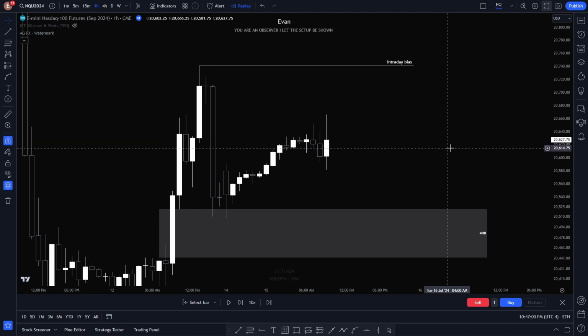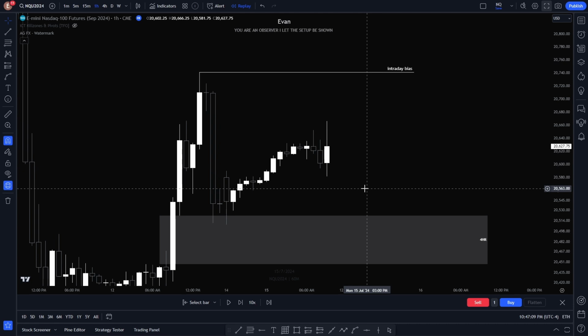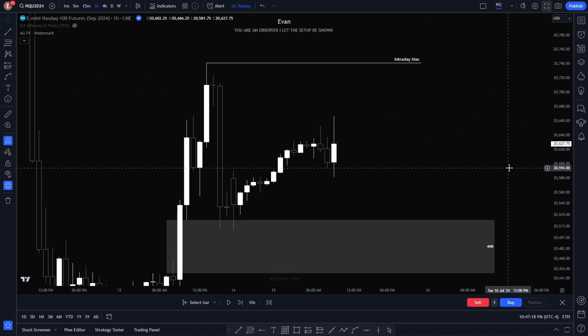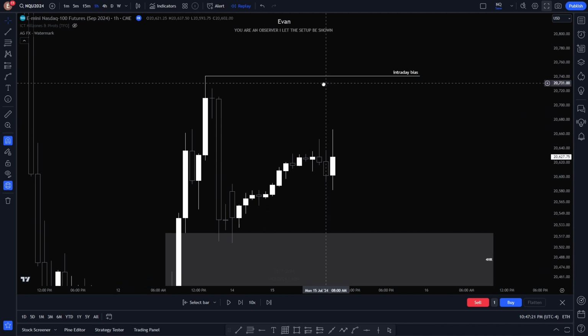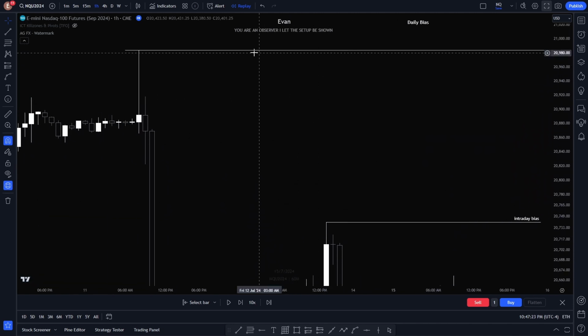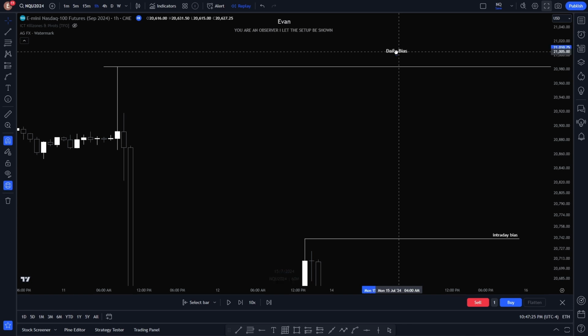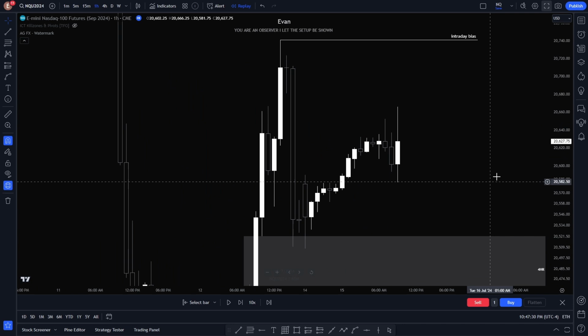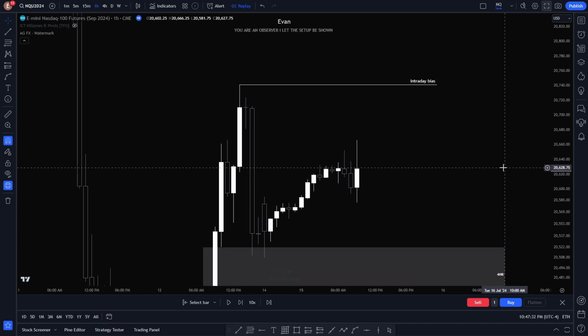This becomes my intraday bias because within this trading day, Monday, July 15th, price is most likely able to reach this high within this trading day, right? And like I said, most importantly, our intraday bias is aligned with our daily bias. So that is how I find my intraday bias.